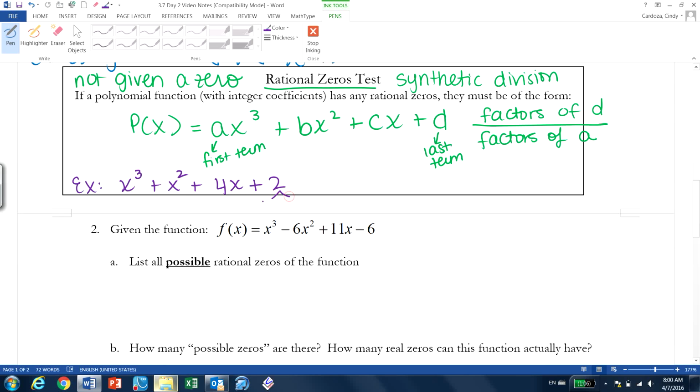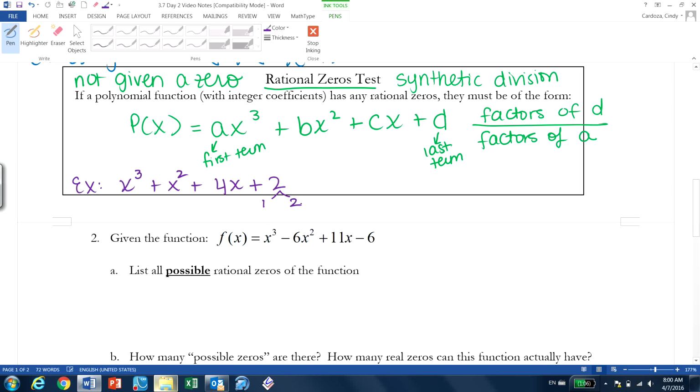Do you guys agree that 1 times 2 are the only things that multiply to give me 2, right? I'm going to make these plus or minus because 1 times 2 could give me 2, and -1 times -2. You always include a plus or minus in front of all of these factors because any variation of that can make 2. And here, there's only 1. 1 times 1 is the only thing that gives me 1.